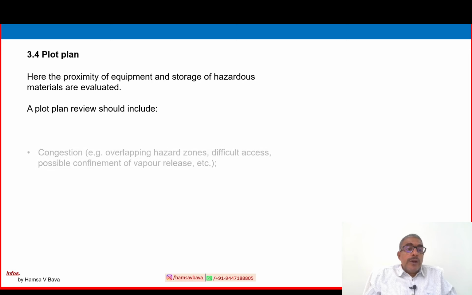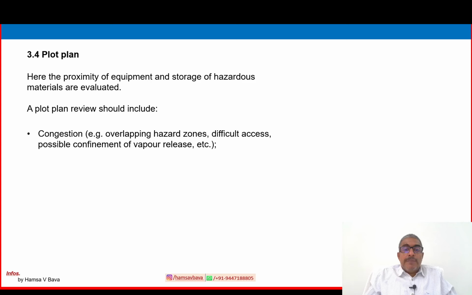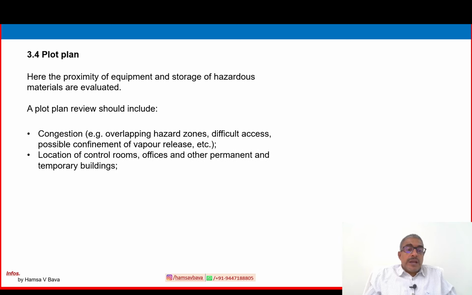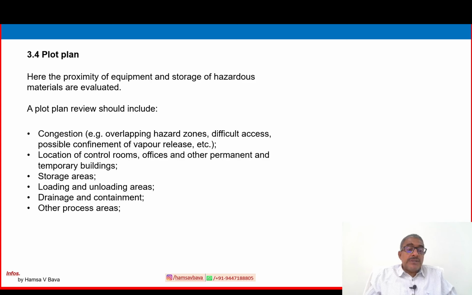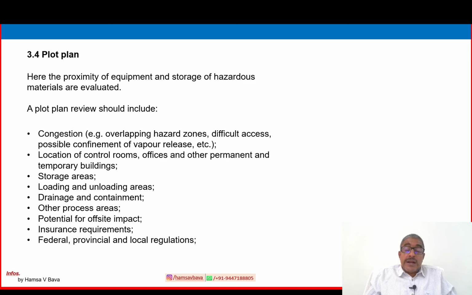A plot plan review should include congestion, for example overlapping hazard zones, difficult access, possible confinement of vapor release, location of control room, offices and other permanent and temporary buildings, storage areas for hazardous chemicals, feedstock, feed product and finished product storage area, loading and unloading area, drainage and containment, other process areas, potential for off-site impact, insurance requirements, federal, provincial and local regulations.